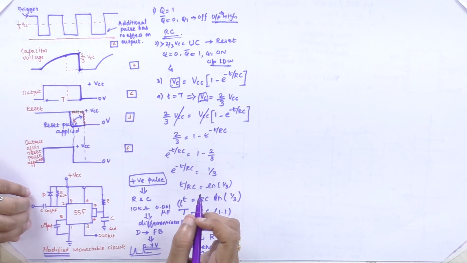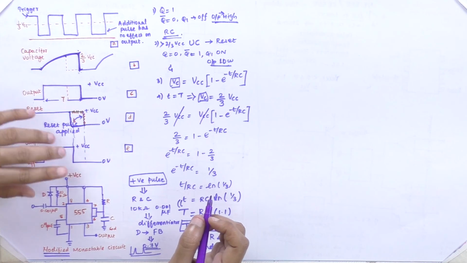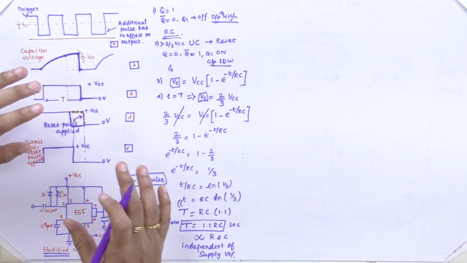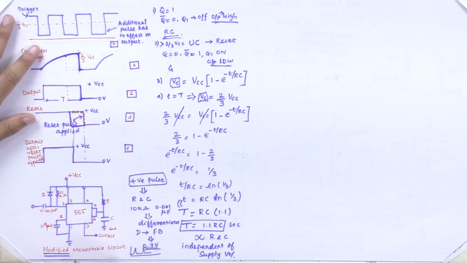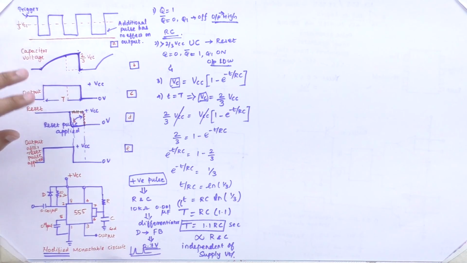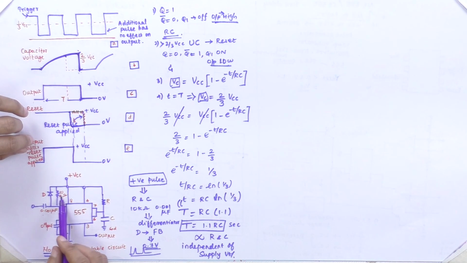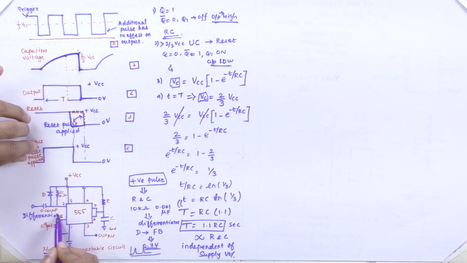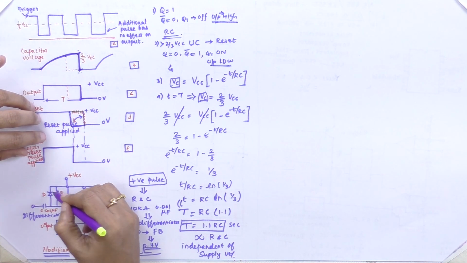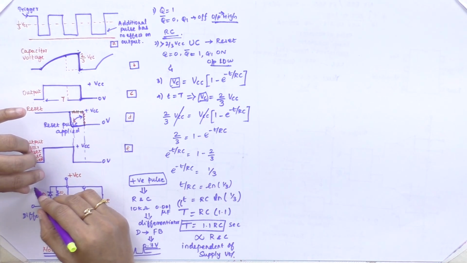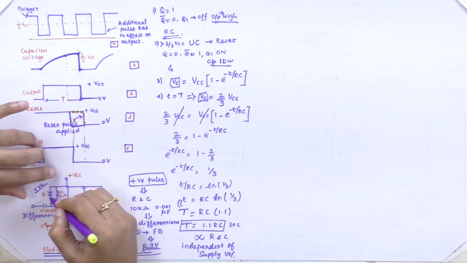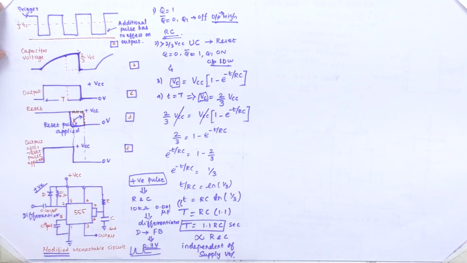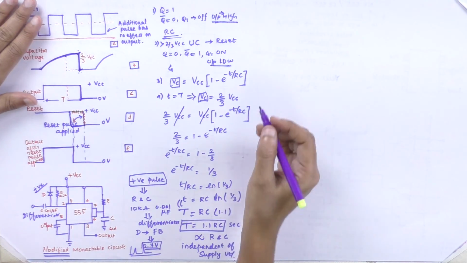So this is the circuit used for avoiding positive pulse triggering in the monostable operation. So we go for a modified monostable operation with R and C acting as the differentiator and the diode becoming forward biased. When the positive edge trigger is applied, it becomes forward biased, which limits the amplitude to not more than 0.7 volt.